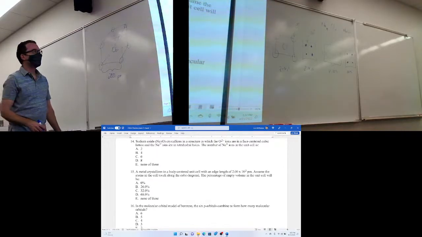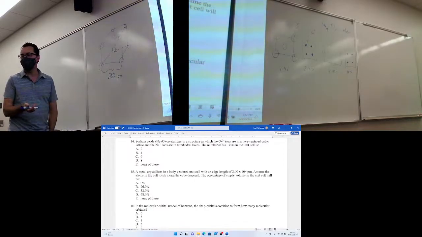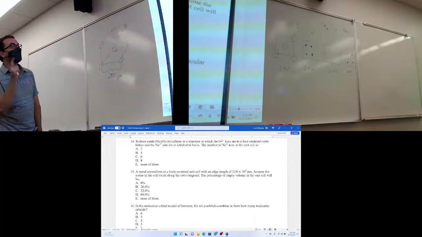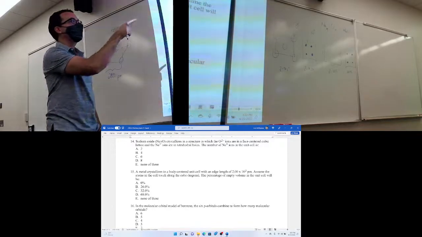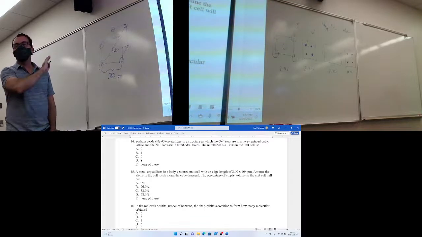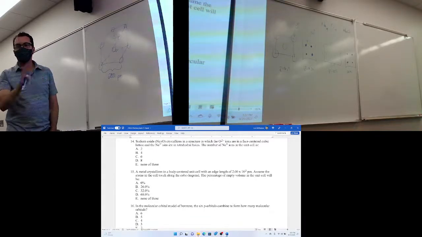I think I did it on the key. It's D. Is it D? Okay. Yeah, I'm pretty sure it's B. No, it's D. If I circled D, then I probably did it wrong, because it's the percentage of empty volume, so it's the opposite.